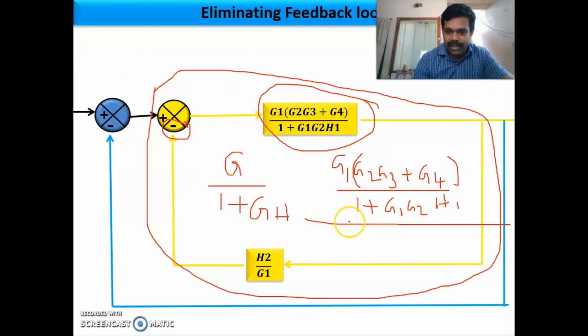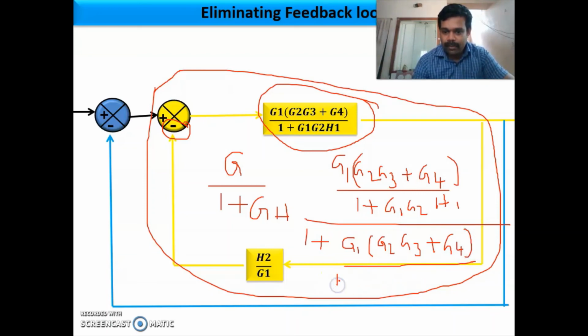Now, G divided by 1 plus, again you have to write this G: G1 into G2, G3 plus G4 divided by 1 plus G1, G2, H1.